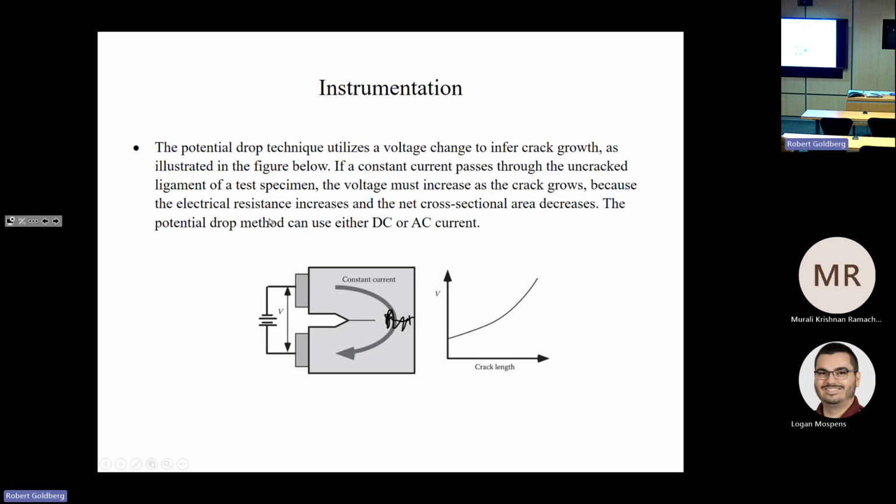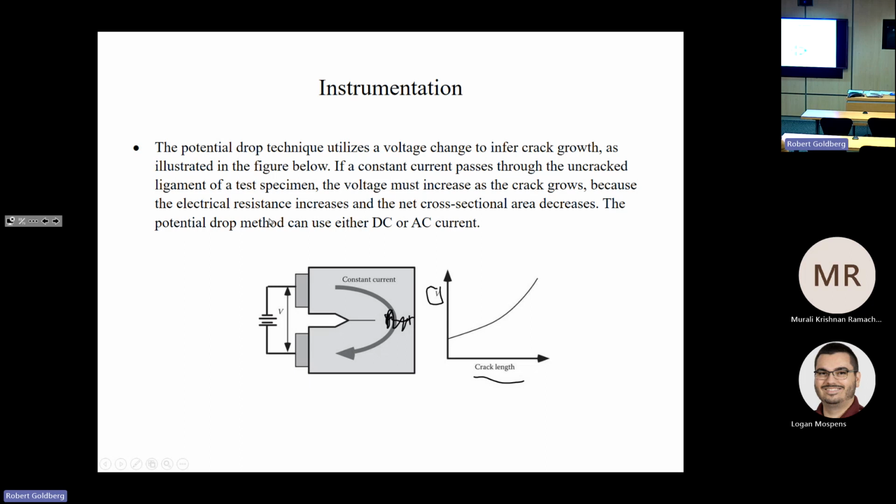And this potential drop method is another way you can plot voltage versus crack length and use that then to infer the growth of your cracks and also infer your displacements. However, the disadvantage of this method is it needs additional instrumentation.